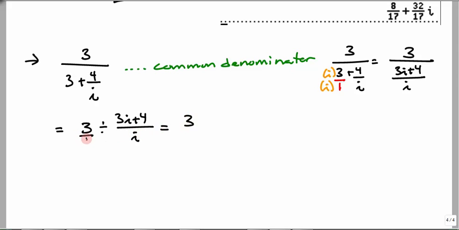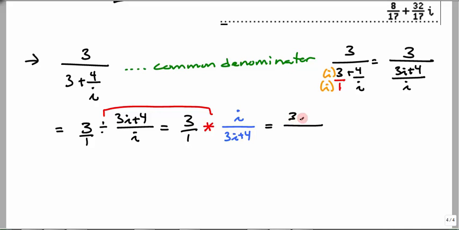And if I want to write this as 3 over 1, I can. Again, when you divide by a fraction, you multiply by the reciprocal. So this reciprocates and the i comes up top, and the 3i plus 4 drops down. Then multiplying straight across, I just have 3i over 3i plus 4.